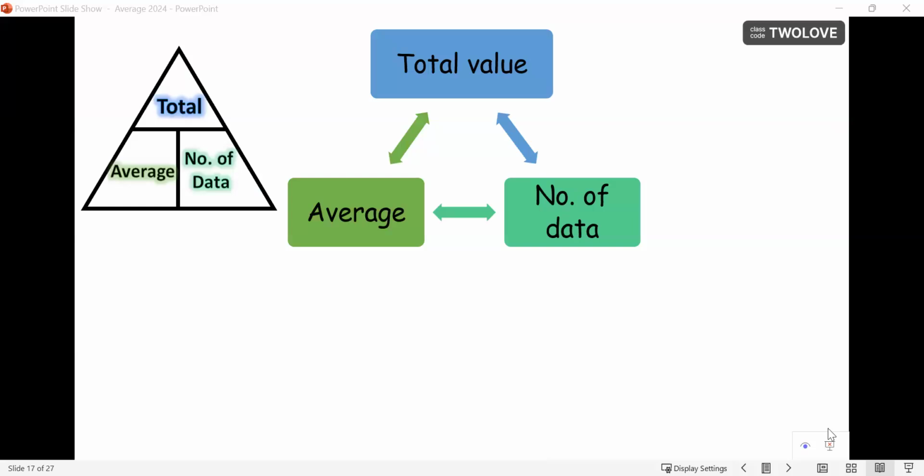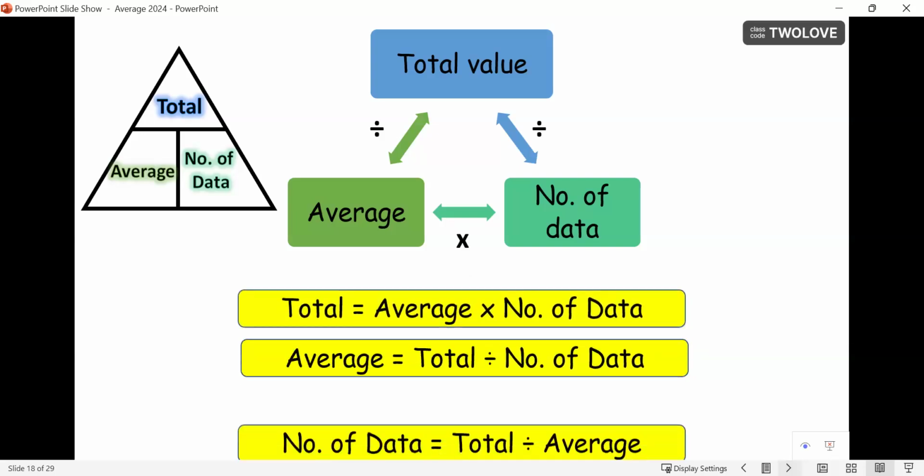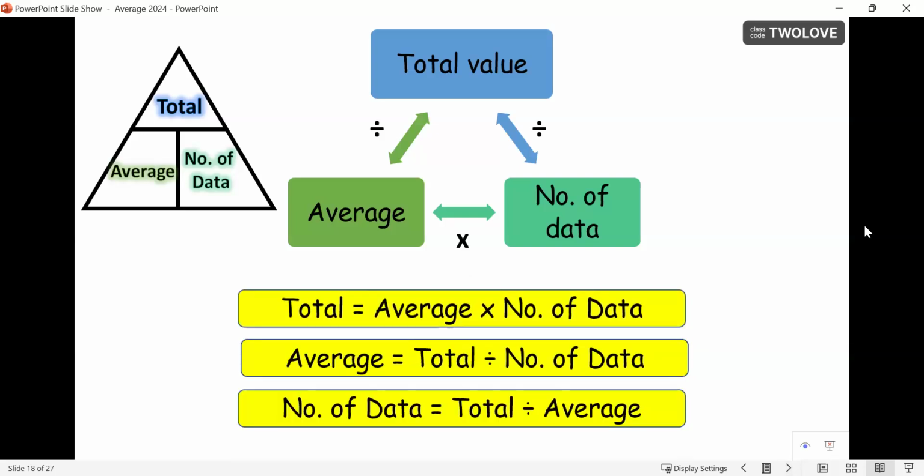So for example here, if I'm giving you, okay, so this is the summary. Summary of the relationship equations, the three equations you need to remember. When is it a multiplication? When is it a division?